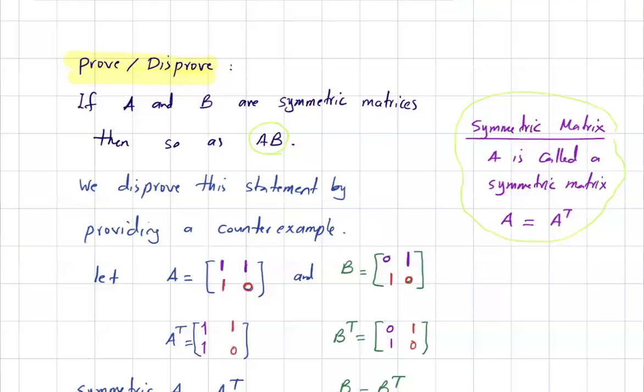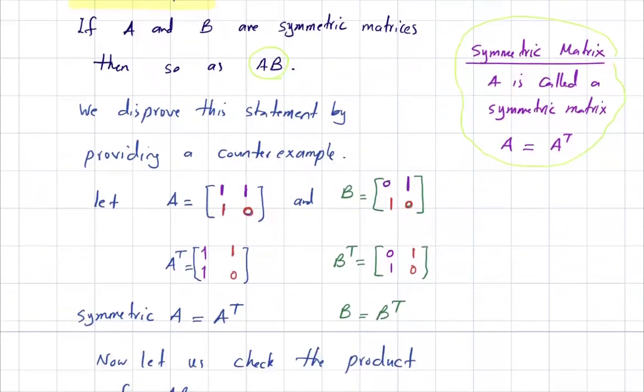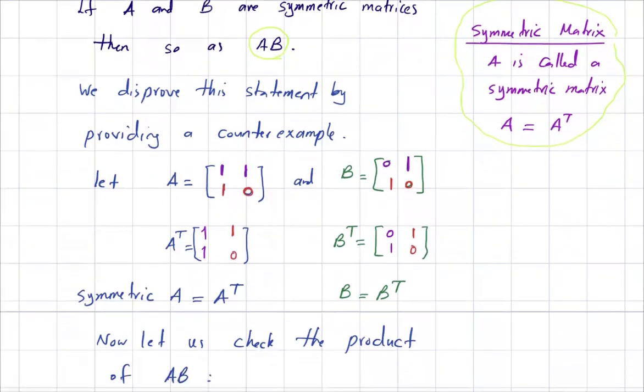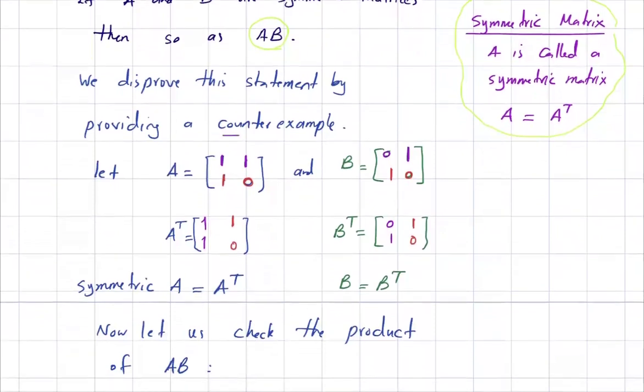We can find two matrices, A and B, that when you multiply them together, their multiplication is not symmetric, even though they both are symmetric matrices and they are both equal to their transpose. So this is an example of using a counterexample to disprove a statement.